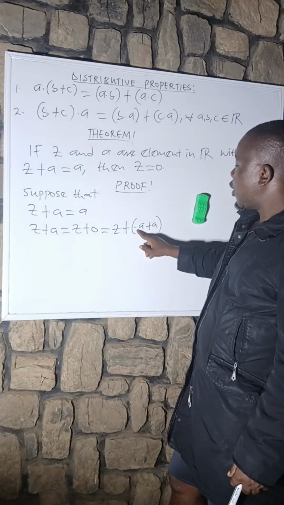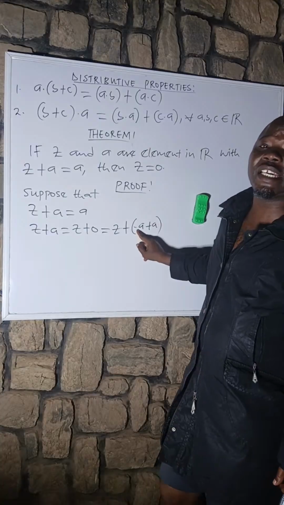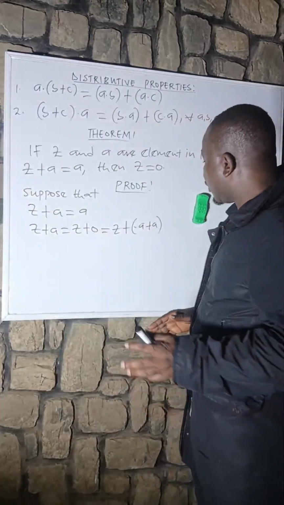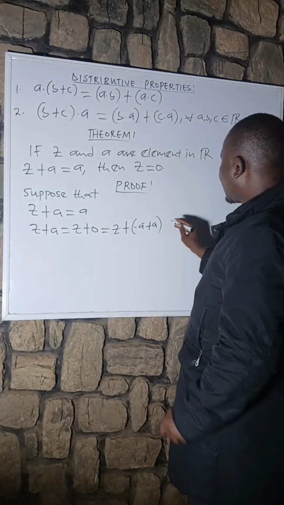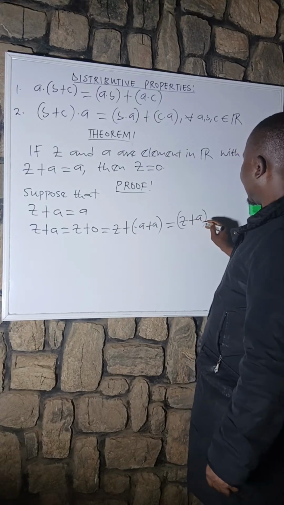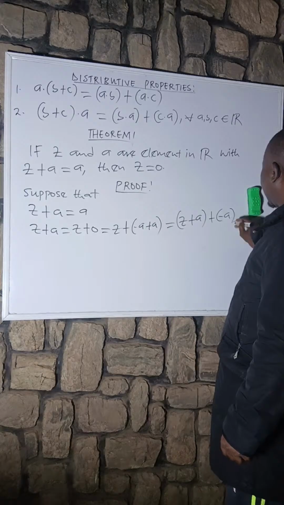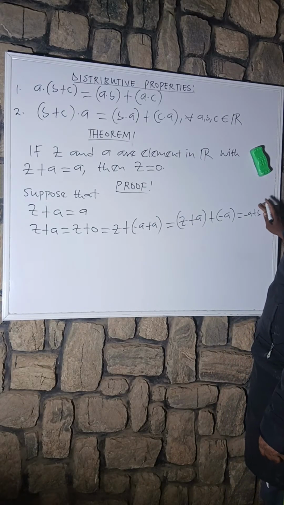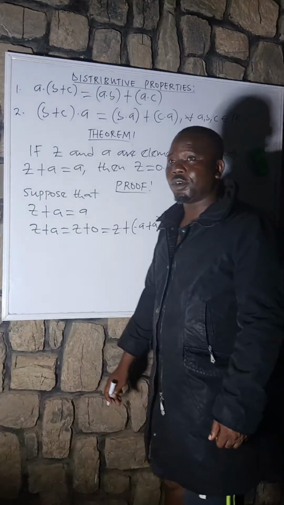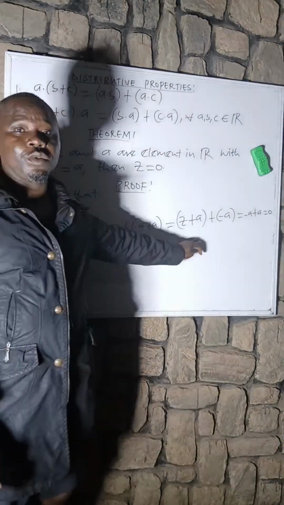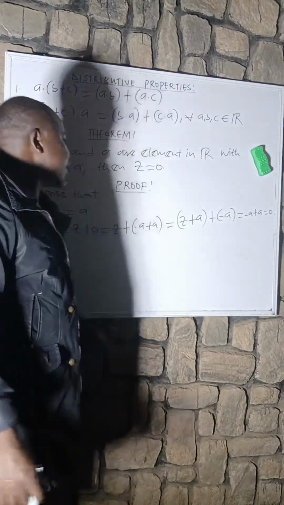So here we are able to introduce the existence of negative properties. Then we write that Z plus A plus open bracket minus A is equal to minus A plus A, which is equal to 0. So can you see now? This is what you are going to show. You see how simple it is.